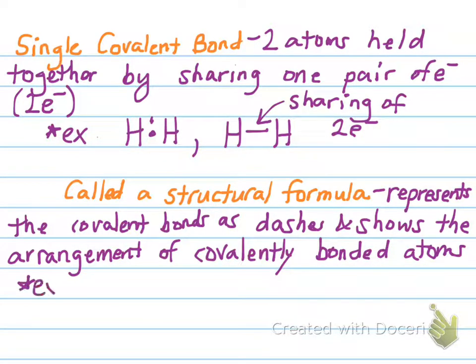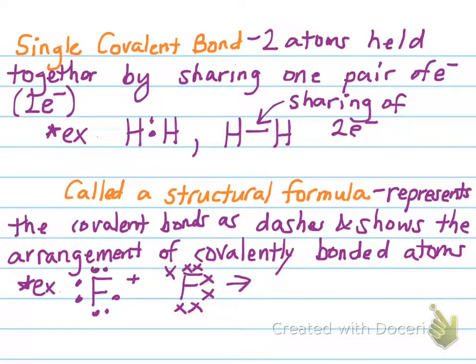For example, a fluorine, which would have 7 valence electrons, and another fluorine, and again, I'm going to represent my electrons this time with X's just so that I can track them.